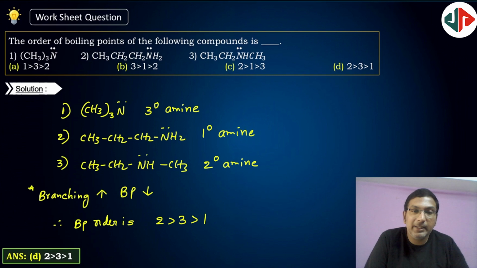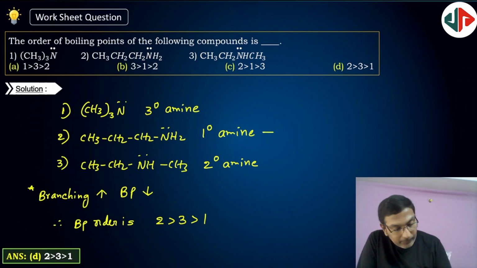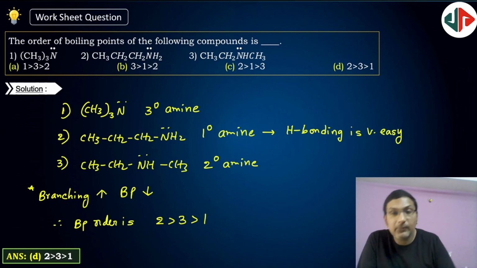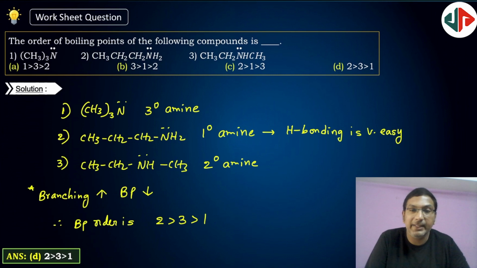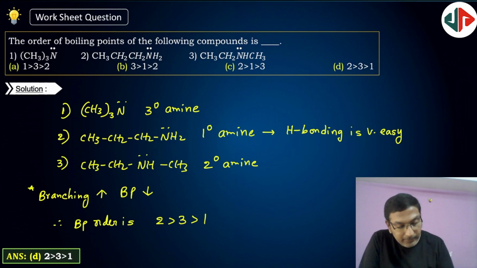Straight chain amines will have more boiling point when compared to branched. Moreover, primary amine can form hydrogen bonds very easily. After that, secondary amine, next tertiary amine. So therefore option D.